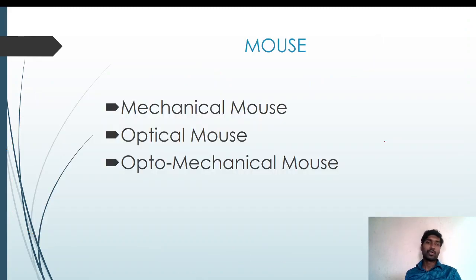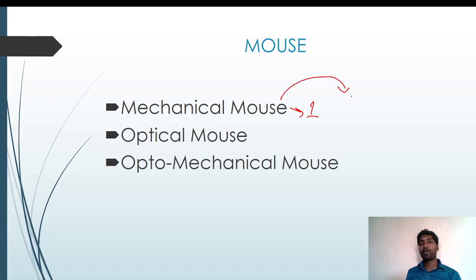Now next see the mouse. My dear students, no need to get confused about this mouse. Here we are having three types of mouse. First one is a mechanical mouse.